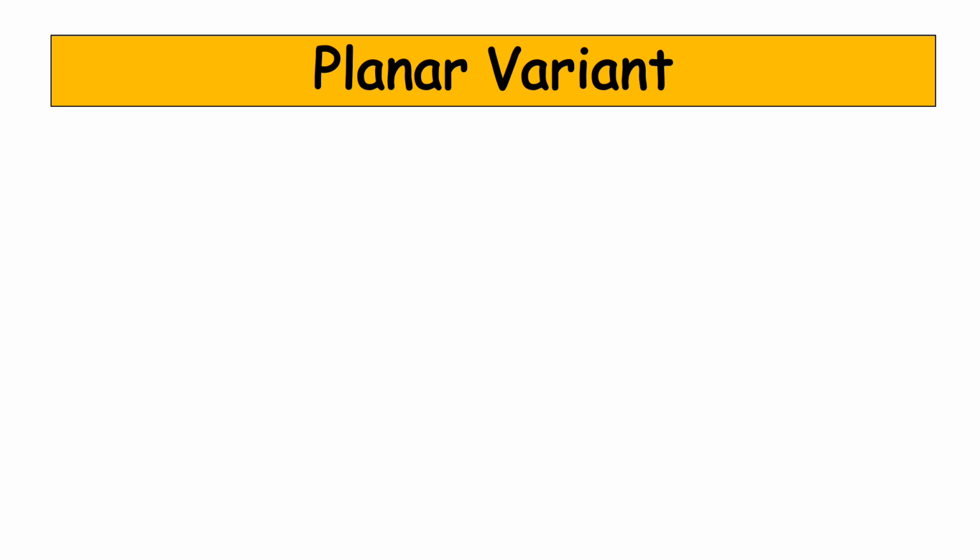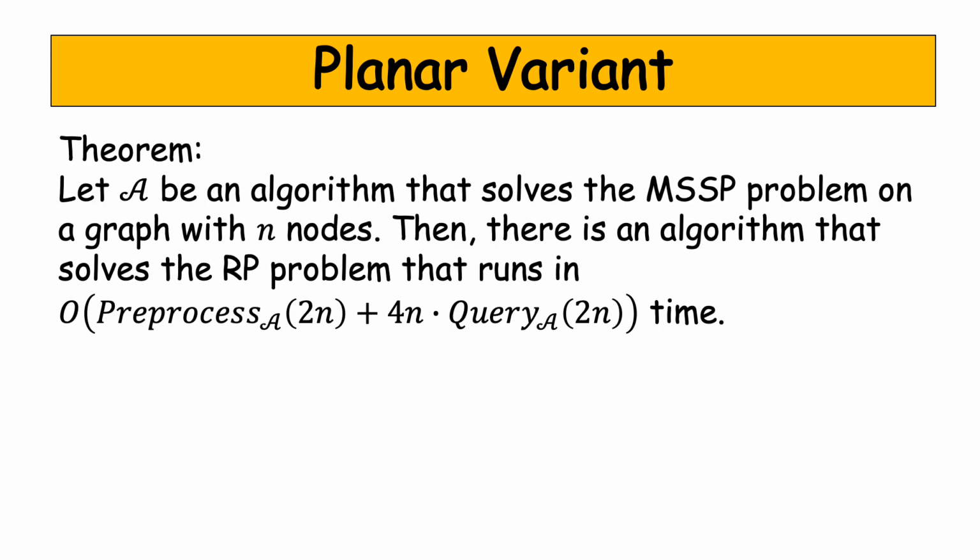So in this slide, we are going to summarize everything together. Let's state the theorem. Let A be an algorithm that solves the MSSP problem on a graph with n nodes. Then we can solve the replacement path problem in time that is proportional to 1 pre-process and 4 n queries.